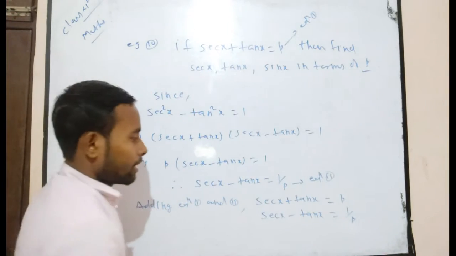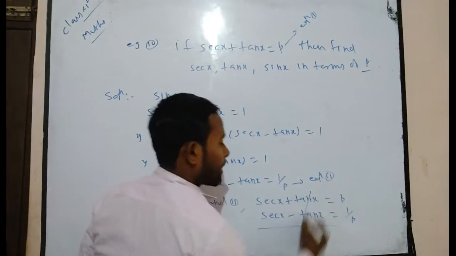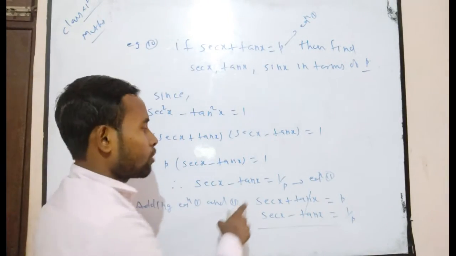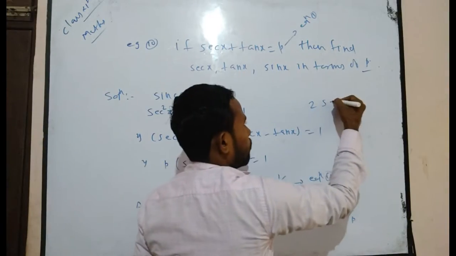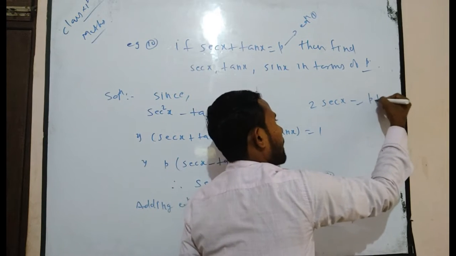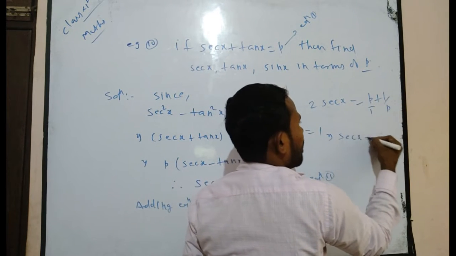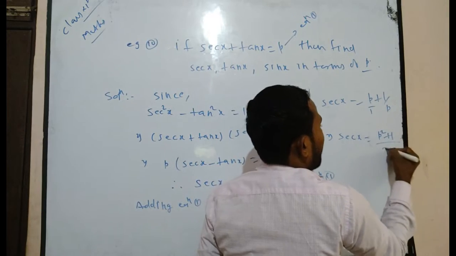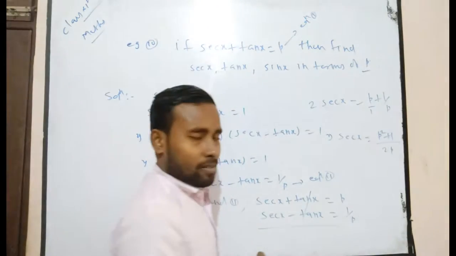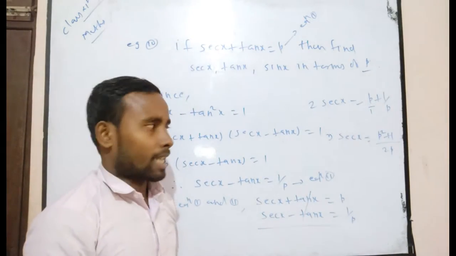If you add, then tan x cancels and you finally get 2 sec x is equal to p plus 1 upon p. After taking the LCM you get sec x is equal to p square plus 1 divided by 2p. This is the value of sec x.